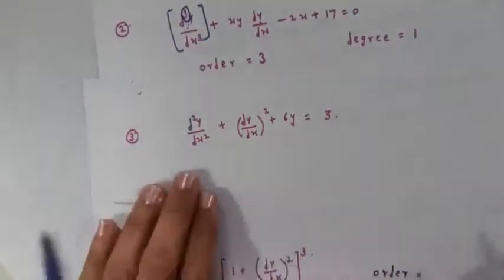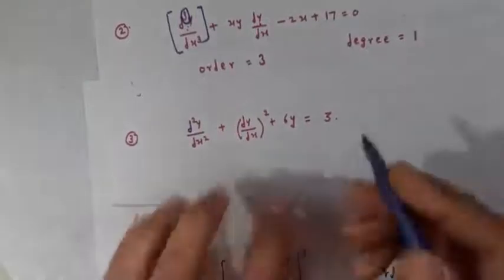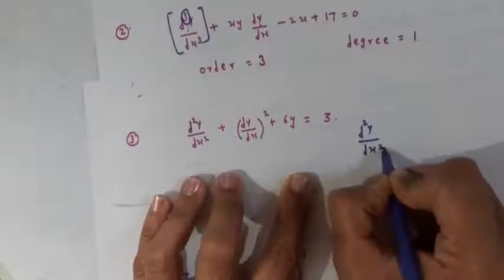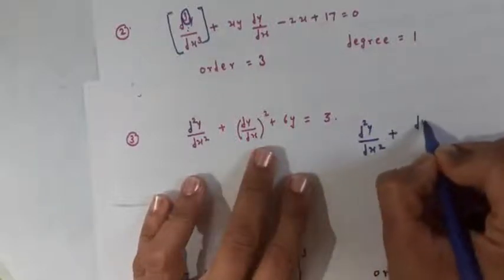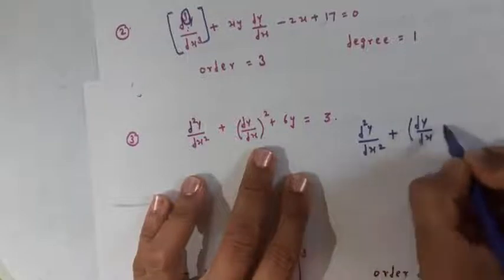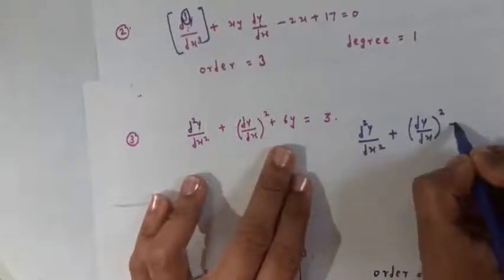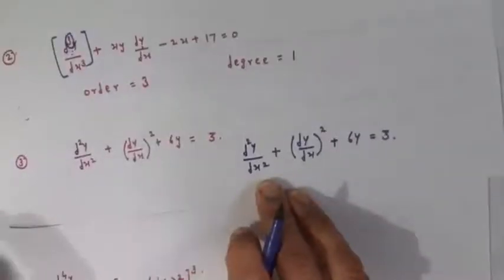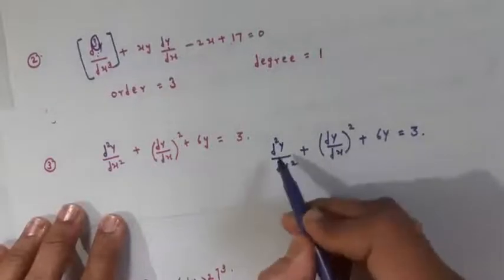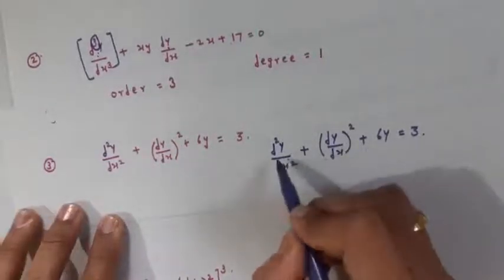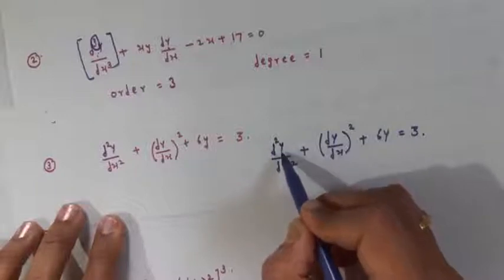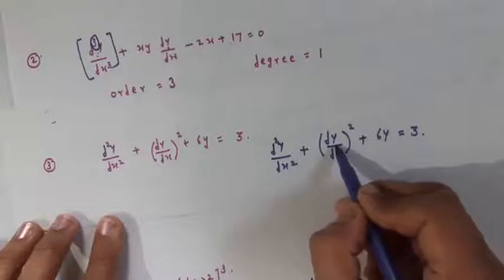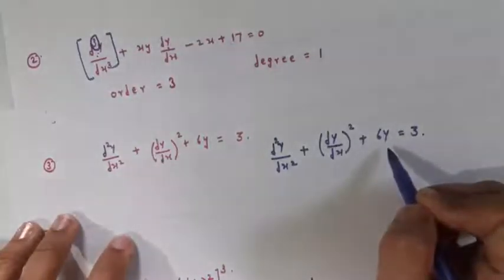For this differential equation, the order of d²y/dx² is 2. Here dy/dx has order 1, and there is the function y itself.